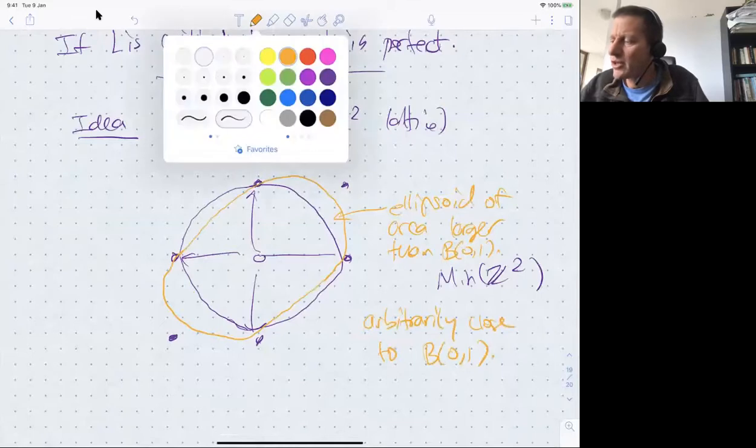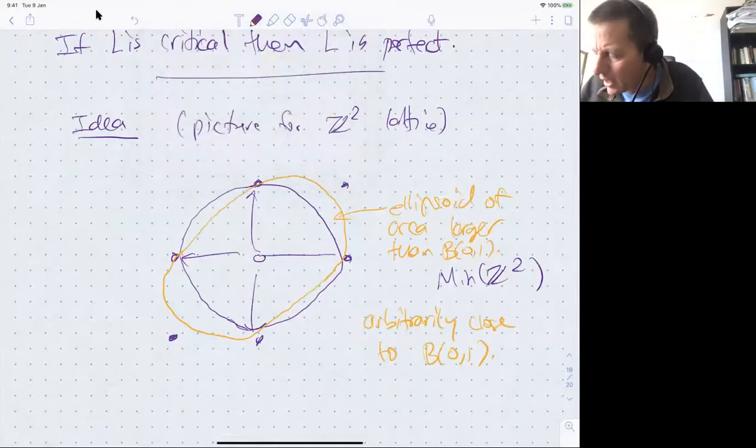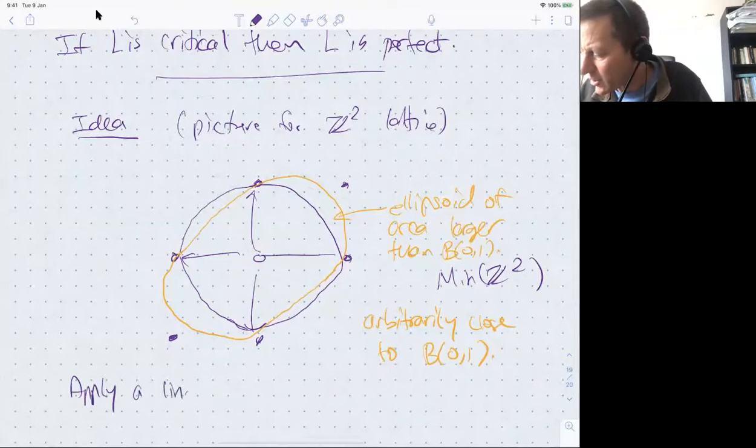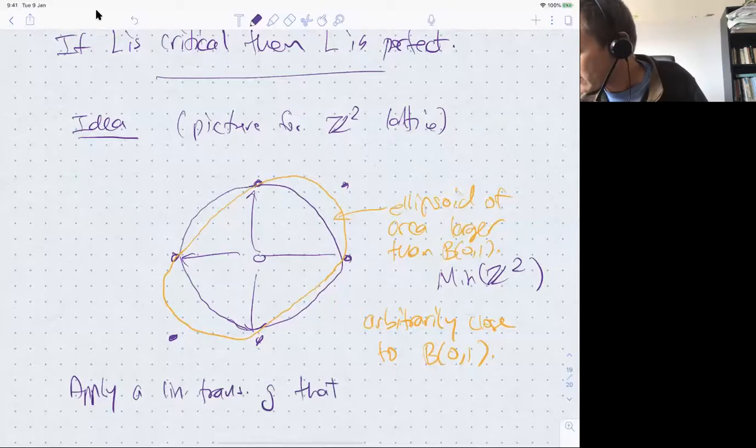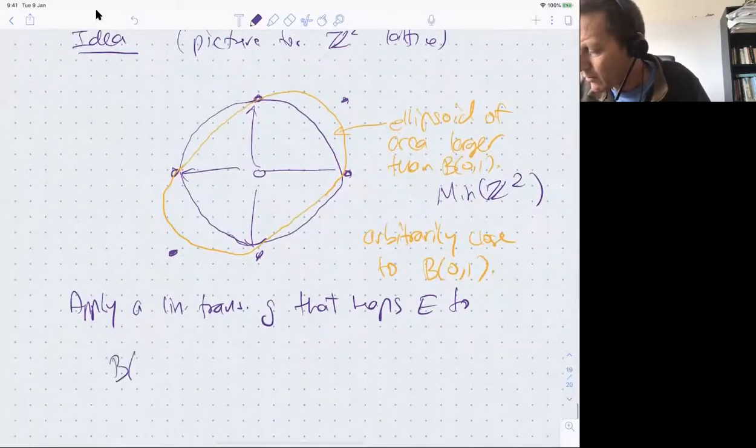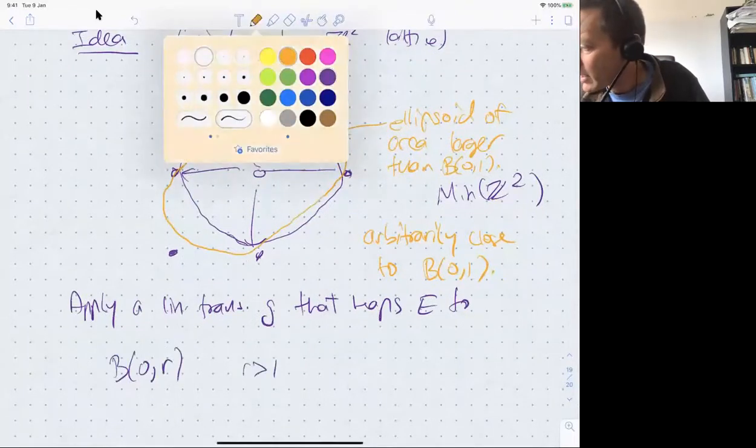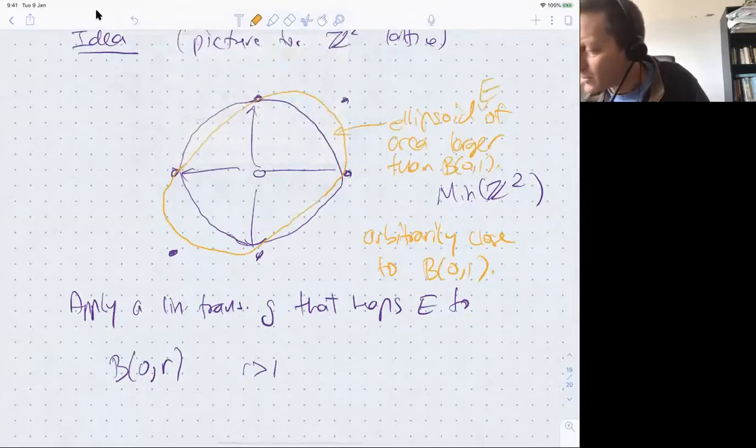Then what you're going to do is apply a linear transformation G that maps E to a ball of radius R, where R is bigger than 1. E is my notation for this ellipsoid.